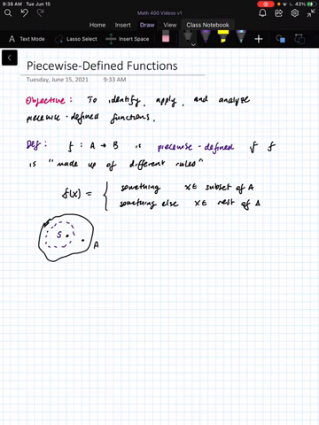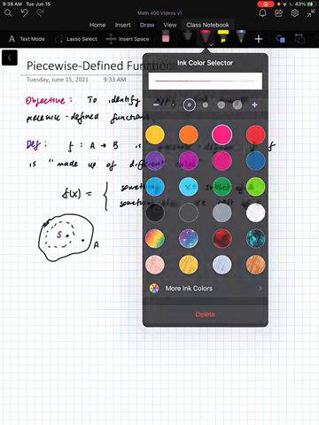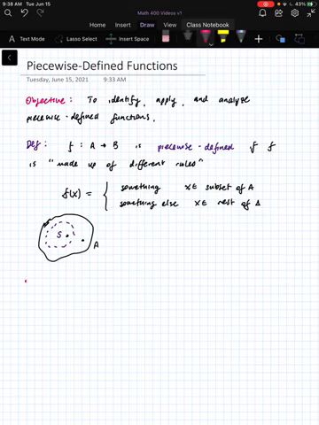So some quintessential examples here. What you want to keep in mind, or what we'll call the prototype for this kind of function, is absolute value.